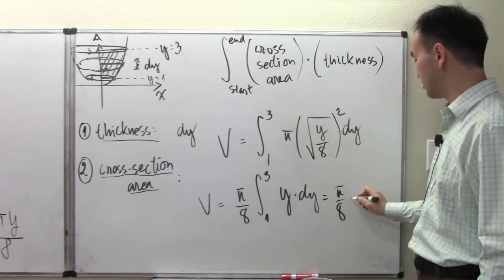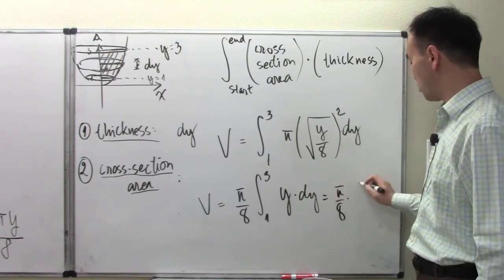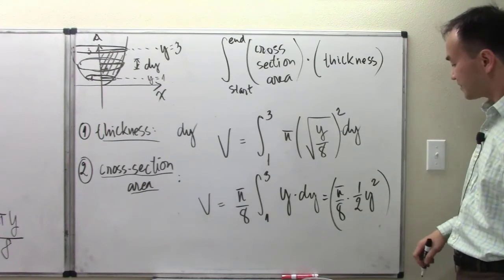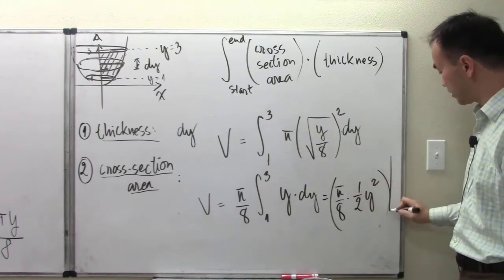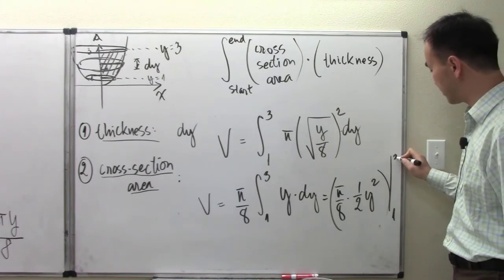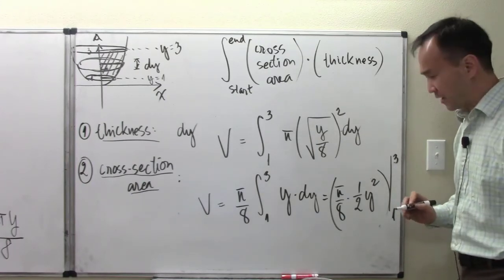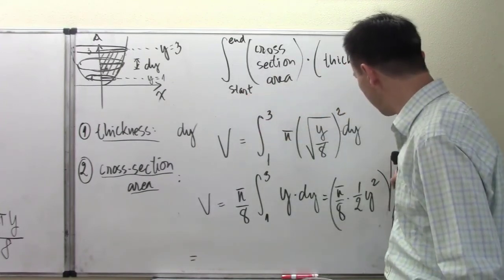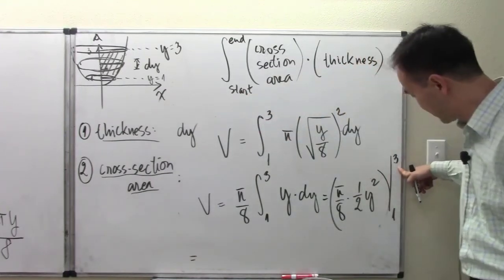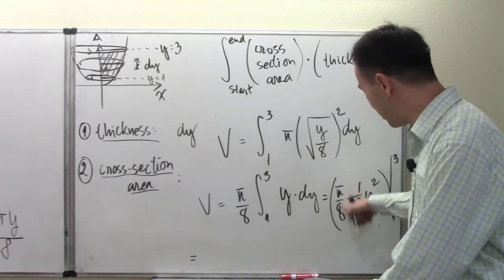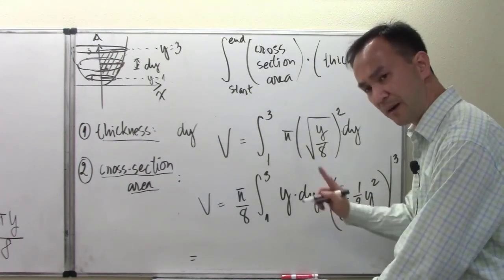So it's going to be pi over 8 times 1/2 y squared. And then from that antiderivative, in the next step we evaluate it from 1 to 3. So I'm going to evaluate these two integral limits into our current antiderivative.